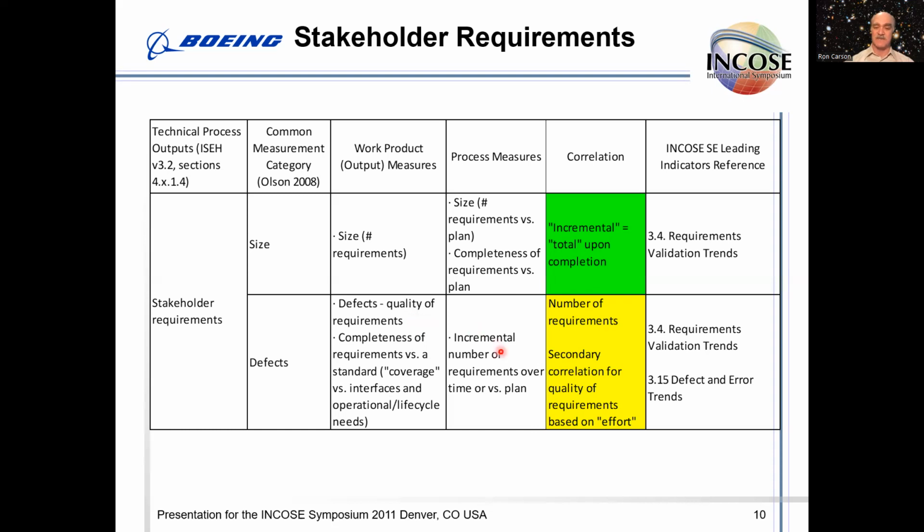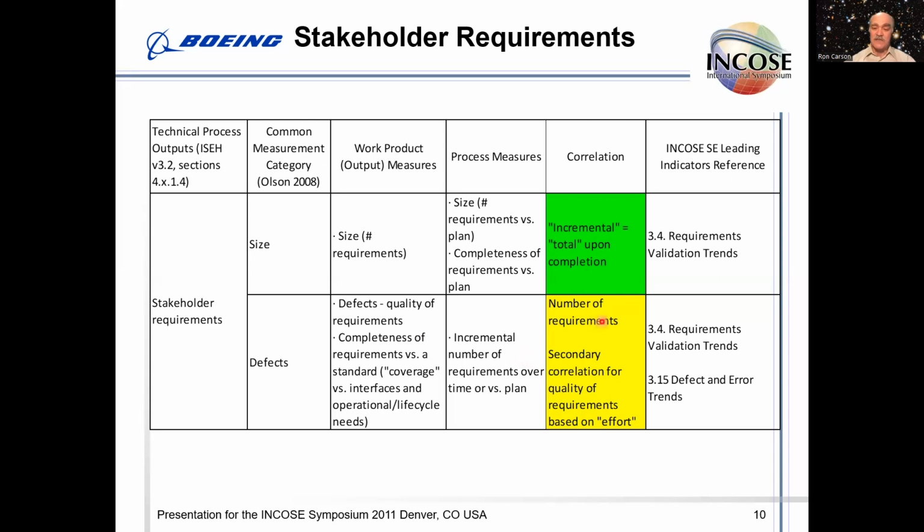The process measures associated with the quality of requirements are a lot more difficult. So that would be a challenge in terms of correlation, because it's easier to measure the number of requirements you've completed, but it's harder to measure the process that ensures that the requirements you complete are actually quality requirements or a complete set of requirements with respect to all of the needs and the interfaces.